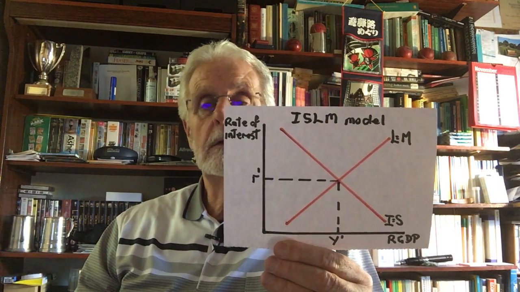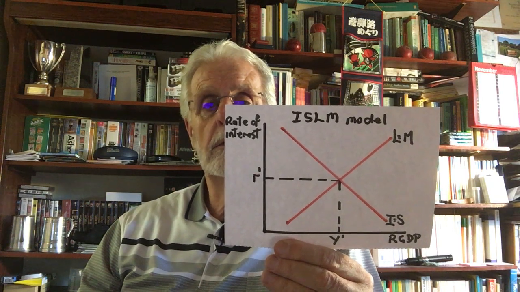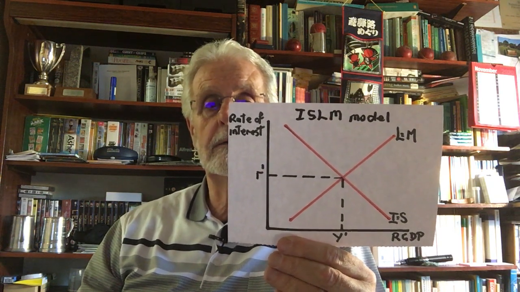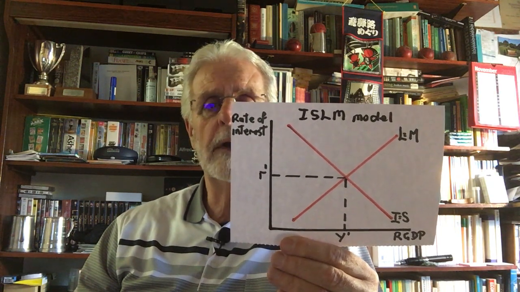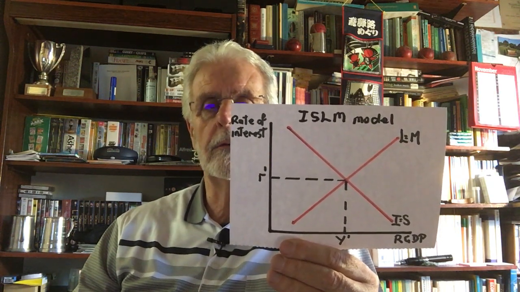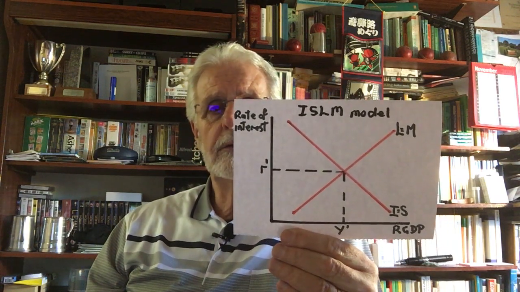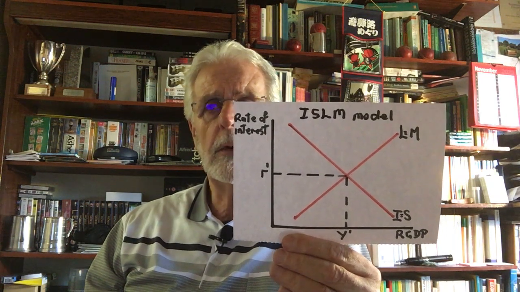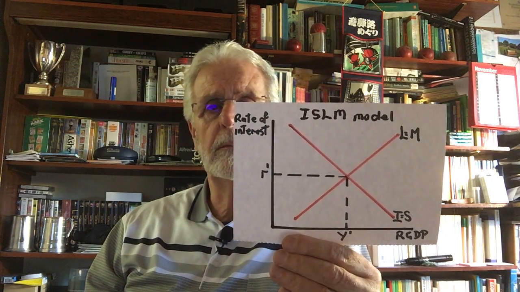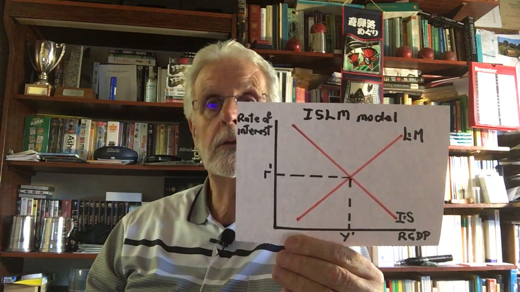He's got the rate of interest on the vertical axis, but what he's got on the horizontal axis is the national income, or the GDP, or the real GDP, a measurement of the total output of the economy over a period of time. And what he said is, as national income rises, as we all become better off, the point at which the supply of money equals the demand for money, LM, increases.